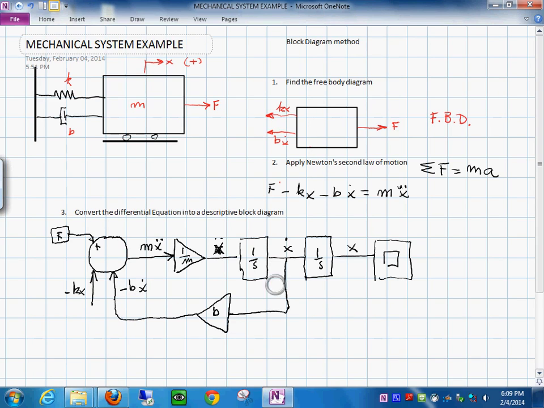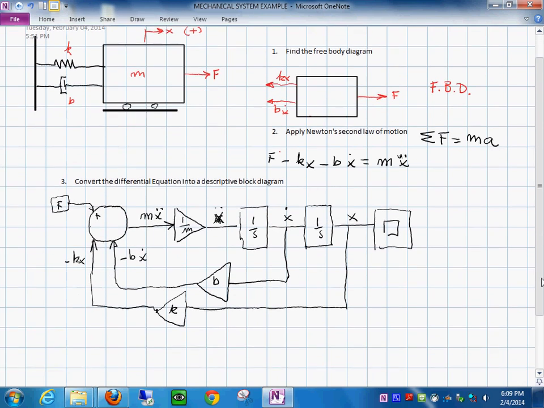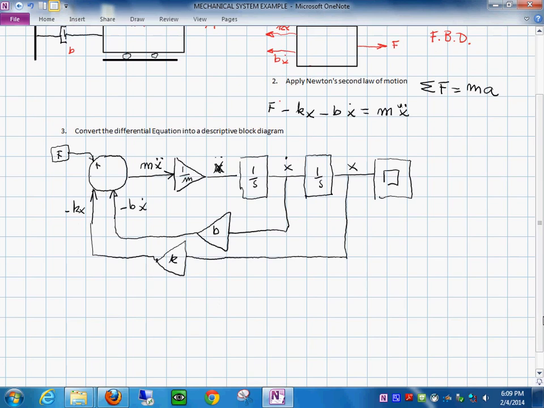And for this other one, k times x, you would do the very same thing. So here this is k, and then this would join this way, and there's your complete block diagram that you can put into Simulink now. So I think this is the description that we need to do this block diagram. So, 3 major steps.